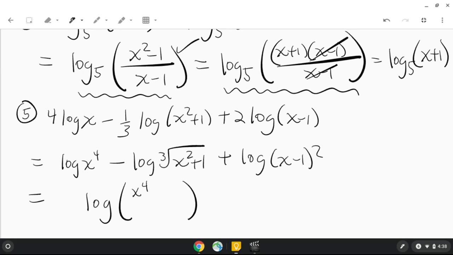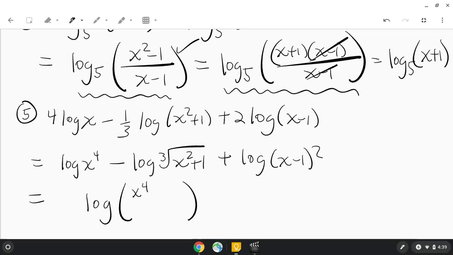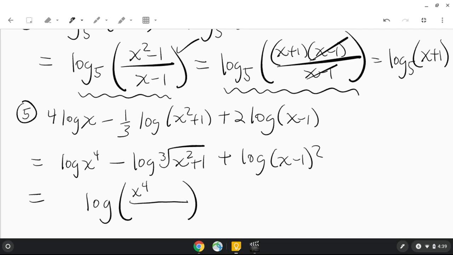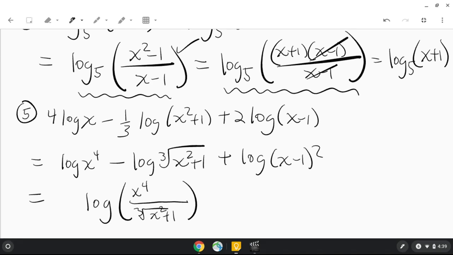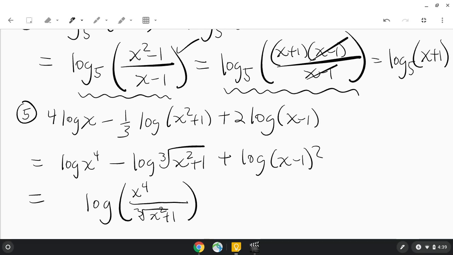That second log is negative, so that's going to go down below: cube root of x squared plus 1. And then that third one is positive, so x minus 1 squared will go in the numerator. And that's about it.